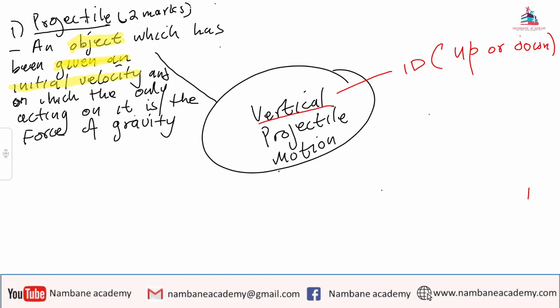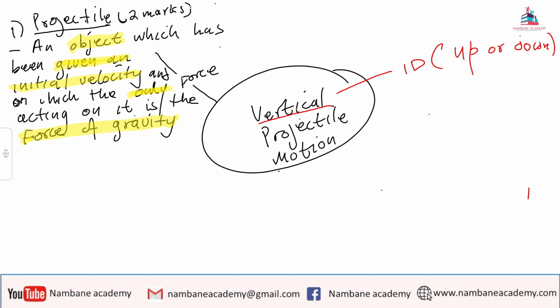Furthermore, it says, and on which the only force, I must add here that the only force acting on it is the force of gravity. The only force, it's important here to say, the only force acting here is the force of gravity. So what does this say? It says even if it has the initial velocity, for it to be a projectile, the only force acting on it must be a force of gravity.